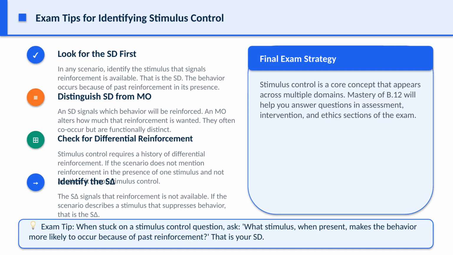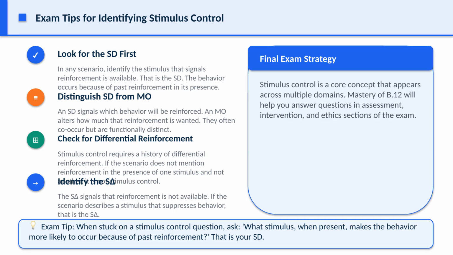To succeed on the BCBA exam, you must master identifying stimulus control by systematically applying these tips. Always start by locating the SD. The specific stimulus that signals reinforcement is available for a behavior, which evokes that behavior due to past differential reinforcement. Crucially, distinguish the SD from a motivating operation, the MO.